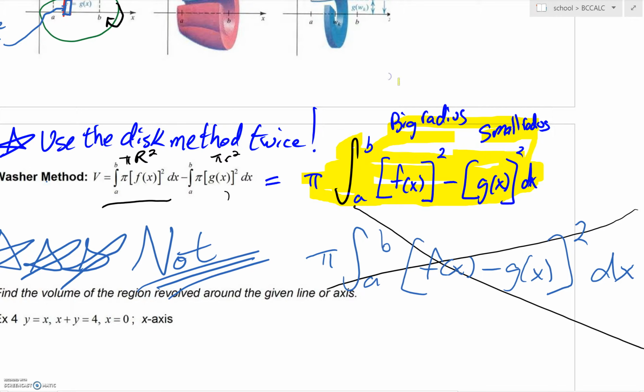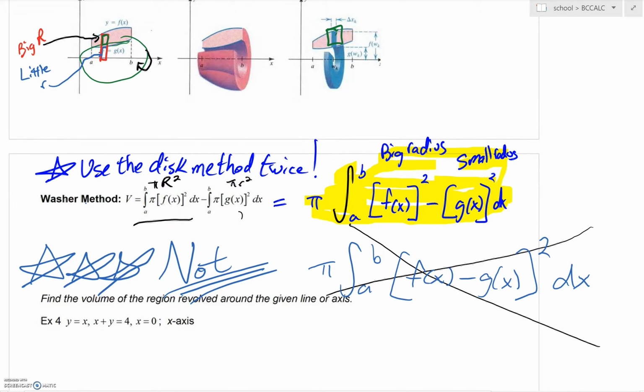And not surprisingly, there is a huge misunderstanding. Notice I put triple stars here. This is not the same thing as pi from a to b of f minus g and then squaring. You don't get the same thing.